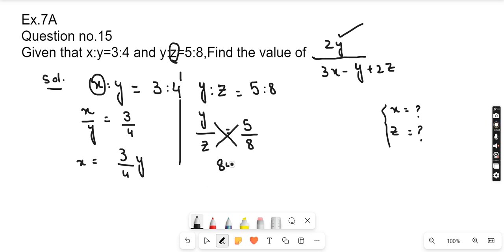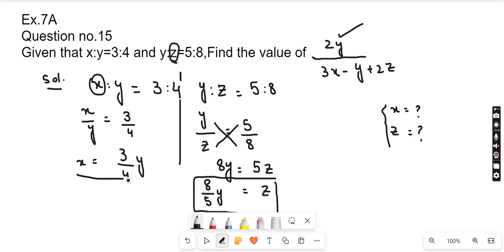So it becomes 8y is equal to 5z, and z will be equal to 8 by 5 y with algebraic rules. We got this z value and this x value. This was the first part of the question, the first procedure we have to do. This is the second procedure, and right now we are working with the third procedure of the question.